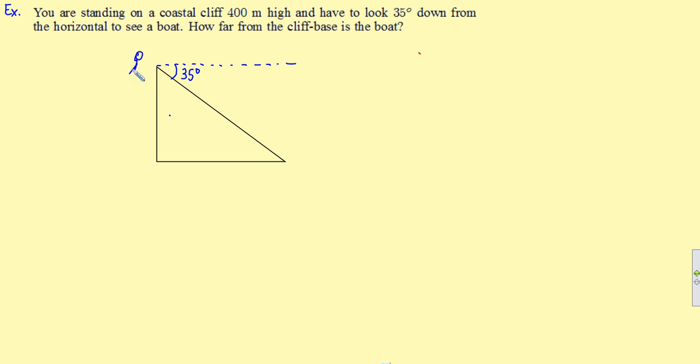The cliff is 400 meters high, and we want to know how far out our boat is. Here's our little sailboat in the water, and we're trying to figure out what the distance is out here.